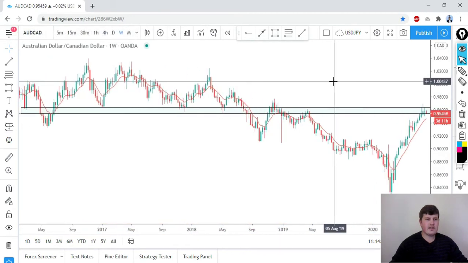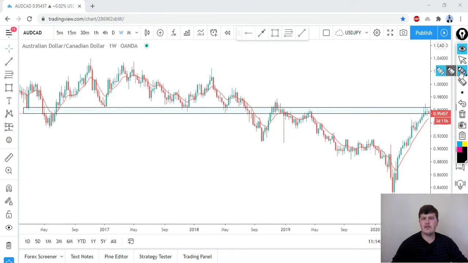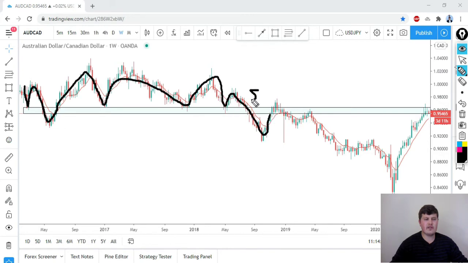This area, as you can see, has been tested numerous times over this 3-4 year period, and it acted as a support over here for price to bounce. Then price briefly broke through and came back, tested it again as a support area, again over here, again broke past, and then the support turned into a resistance for price over here and again over here.